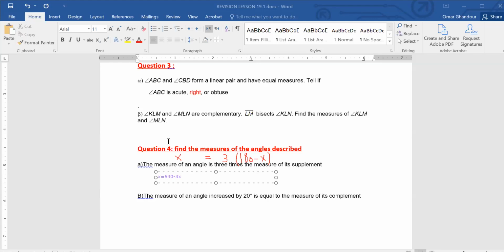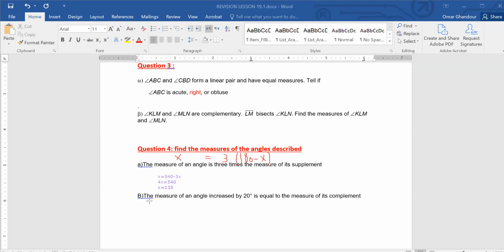And then I will shift 3X to the other side so that I can combine like terms. X plus 3X will be 4X. So 4X is equal to 540. And then what should I do? I will divide by 4 on both sides. So X will be 540 divided by 4. The answer is 135. So angle X is going to be 135 degrees.